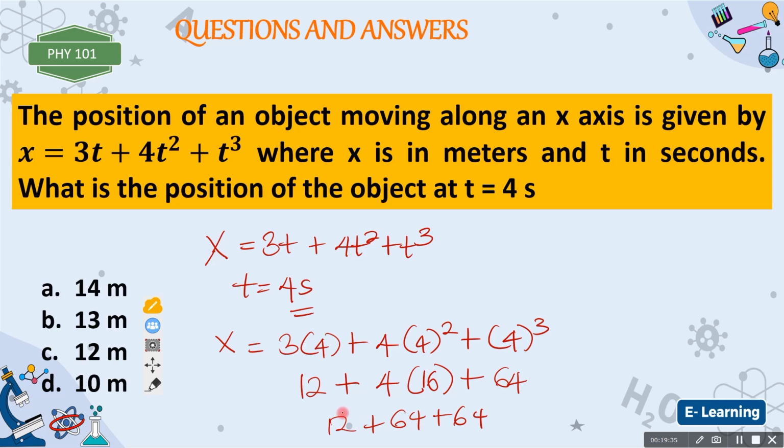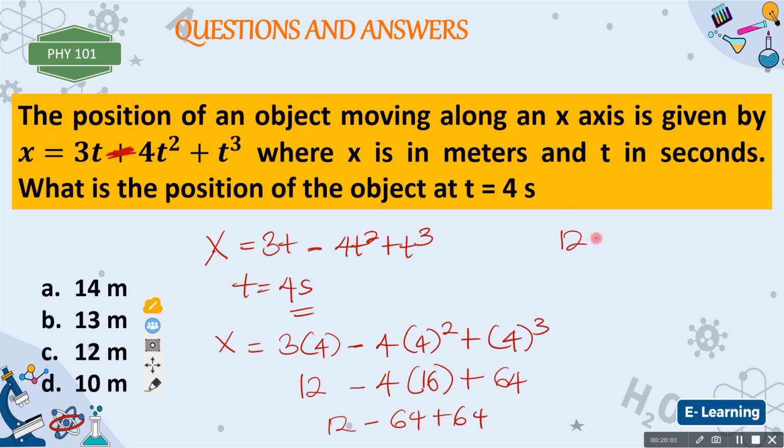That will give us, are you sure? One of these values here is supposed to be negative, not positive. Sorry about that. So if this one here is the negative value, it's going to be minus 64 plus 64.